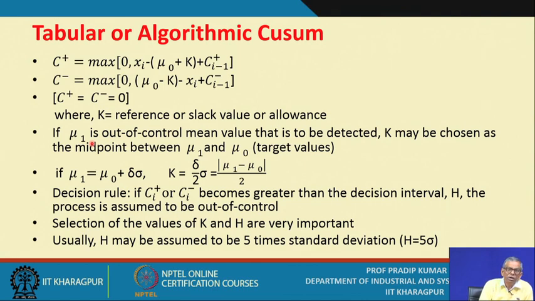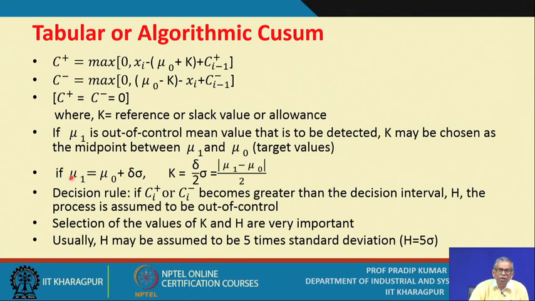We are assuming that sigma remains the same, but there is a possibility that mu may change. Suppose mu changes from 10 to 11. That is the value of mu1. If it changes to 11, the process is assumed to be out of control. There is an upward trend.